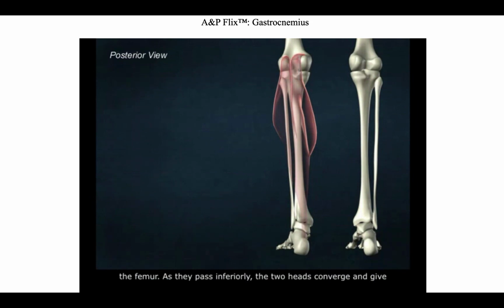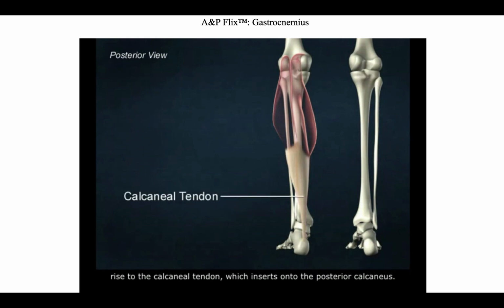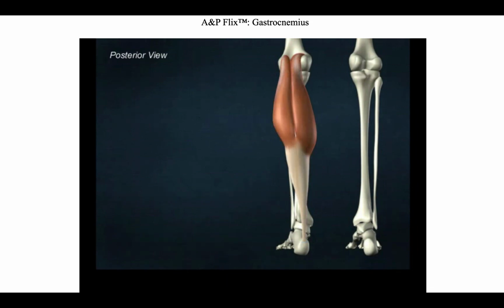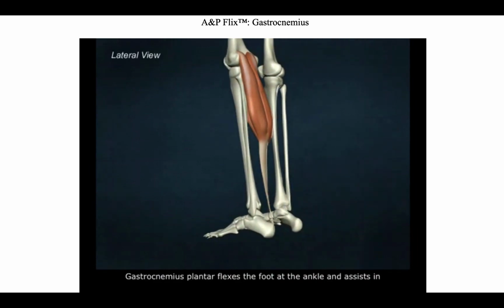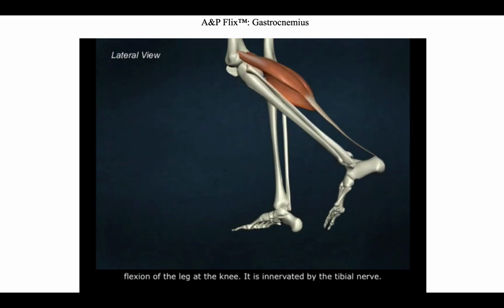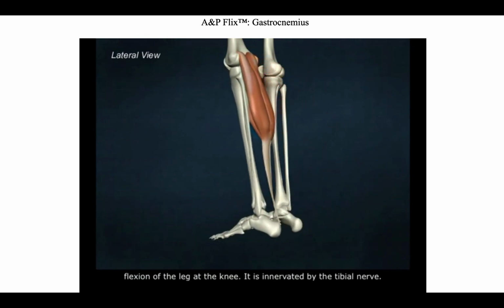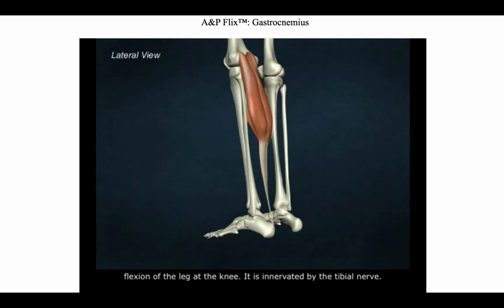As they pass inferiorly, the two heads converge and give rise to the calcaneal tendon, which inserts onto the posterior calcaneus. Gastrocnemius plantar flexes the foot at the ankle and assists in flexion of the leg at the knee. It is innervated by the tibial nerve.